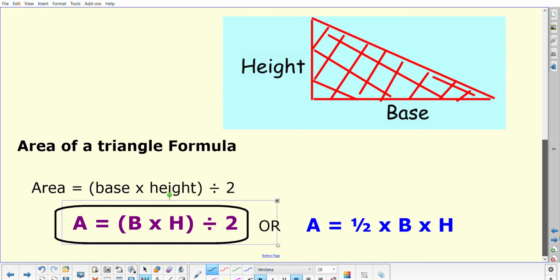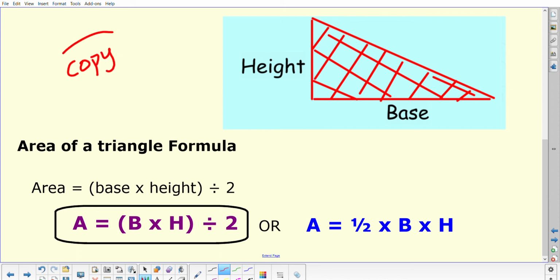So you will see the formula or the rule for a triangle that I need you to learn, and this is how it's written down. We talk about base times height and then divide by 2. After you've watched this video, I'll ask you to copy this in the notes, the little picture, the base and height, and also the formula. So the base times height and then dividing by 2, or it can also be written like this: area equals a half times base times height.